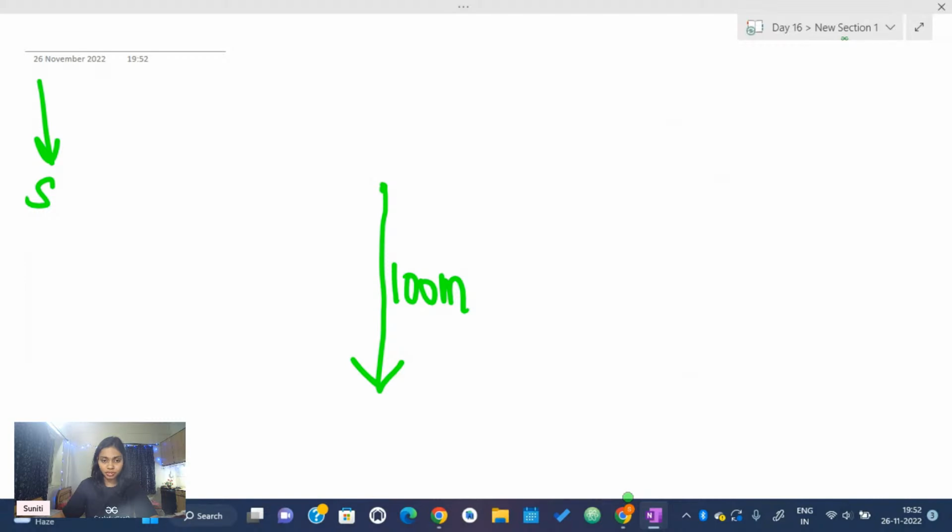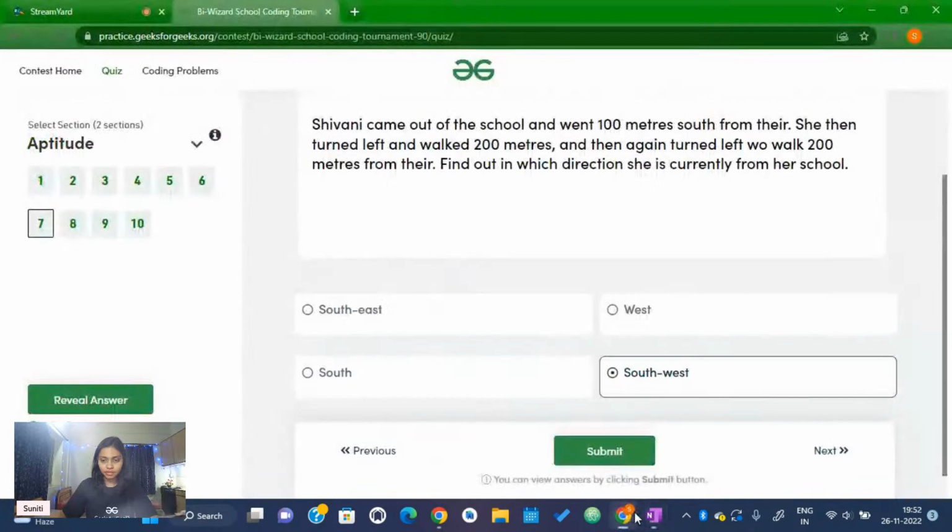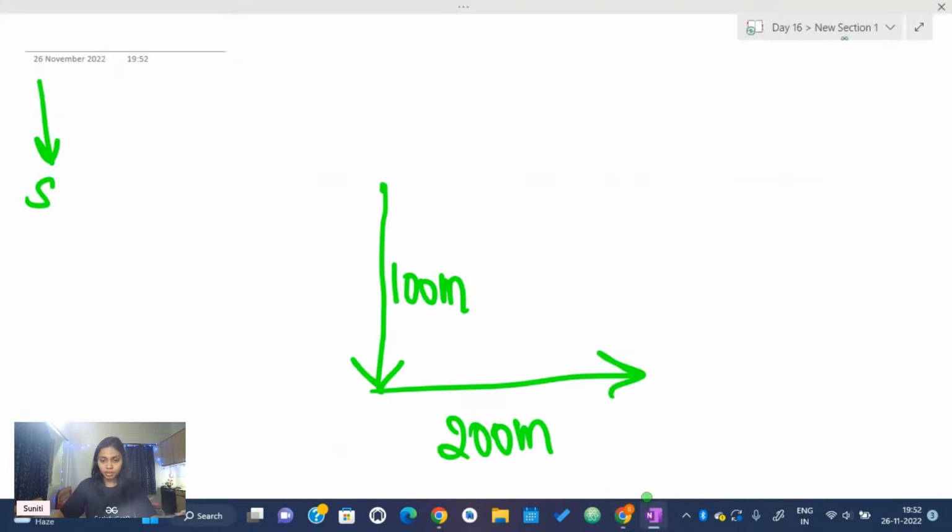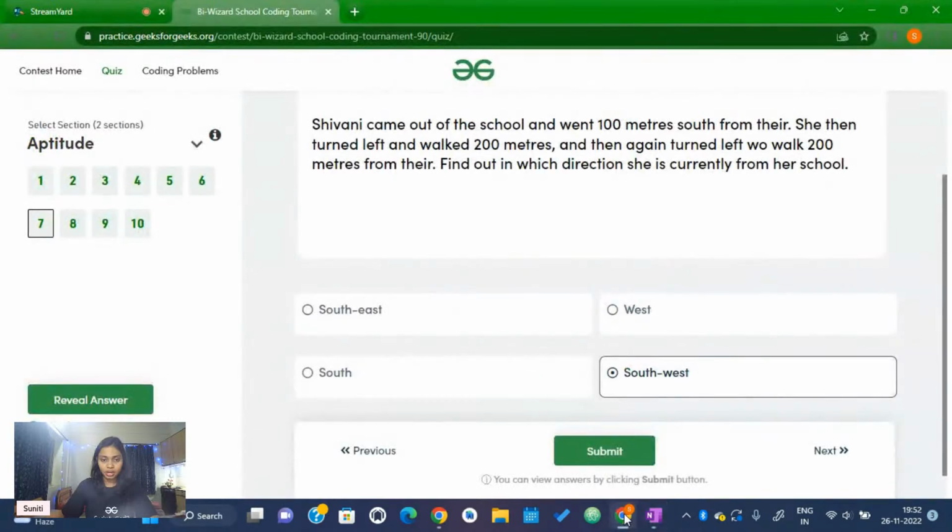So she turns left and walks 200 meters. Here we have marked this, and then again turn left to walk 200 meters from there, and she will turn left again to walk 200 meters. Now find out in which direction she is currently from the school.